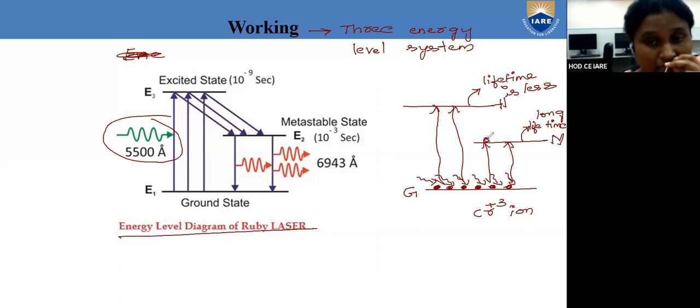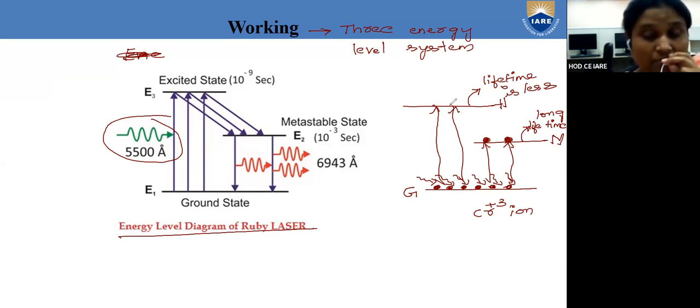Now, atoms or ions which have gone to metastable state won't get de-excited faster. Why? Because its lifetime is long. Whereas ions which have gone to higher state, their lifetime is very, very less. So within a very short time, spontaneous emission takes place. What is spontaneous emission?